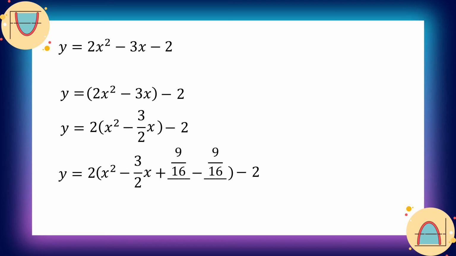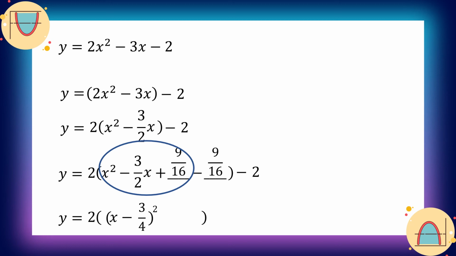We now write x squared minus 3 halves of x plus 9 over 16 in its factored form. So that is written as the square of the difference of x and 3/4. We now copy y equals 2. Then we need to use another quantity. We copy minus 9 over 16 and also our minus 2.